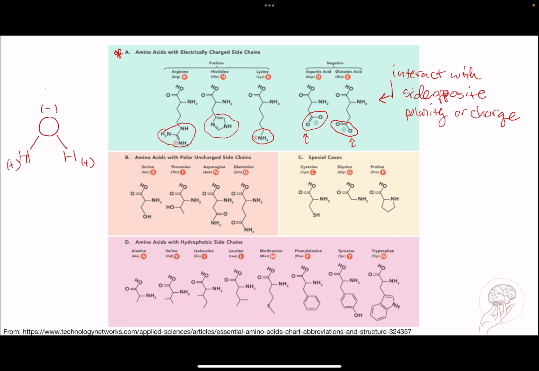So the electrons are hanging out next to oxygen. They're not hanging out as close to the hydrogens. So there are also amino acids with polar side chains. If something has a polar side chain, it is going to interact with water. It's usually hydrophilic.